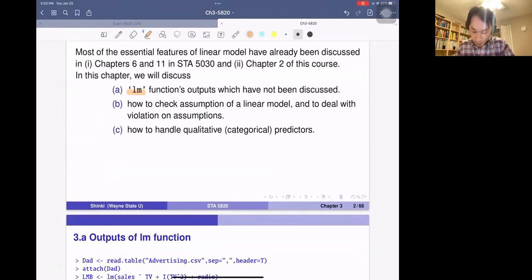And second, how to check assumptions of a linear model and deal with violations of assumptions. We have already discussed in 5030, for example, when residual plots are problematic, but in 5820 we have more remedies because we go beyond the linear model. So this becomes more essential. Based on the diagnostics, you can improve the model.